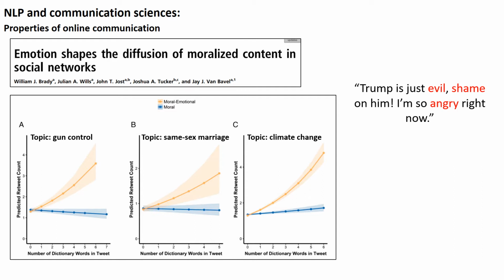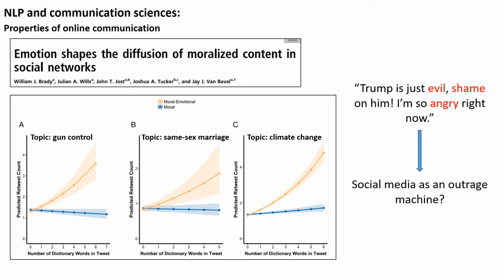So across topics, you have three topics here: gun control, same-sex marriage, and climate change. You can see from these graphs that as the number of moral emotional words in a tweet increases, their predicted retweet count increases as well. In other words, a tweet like the one on Trump here is more likely to be shared among the Twitter community and to drive the conversation than a tweet which is less angry or less condemning of Trump.